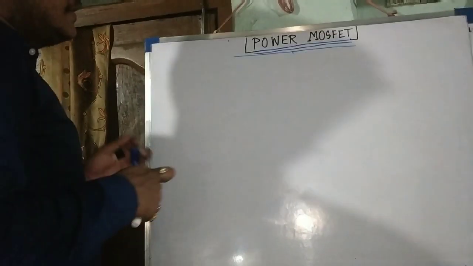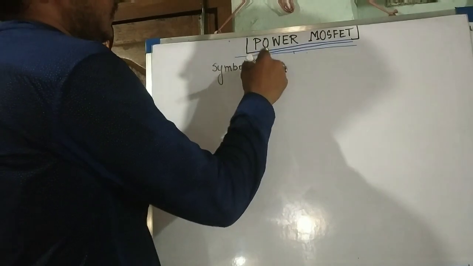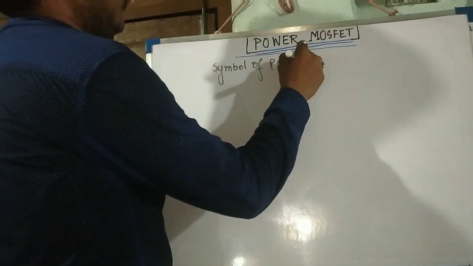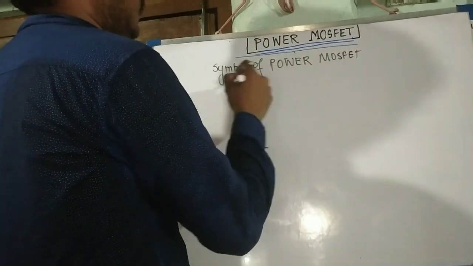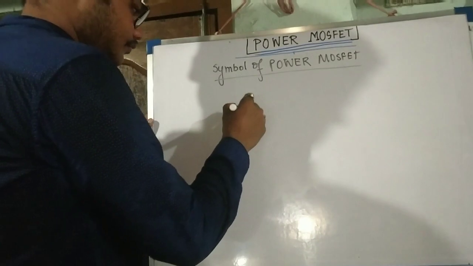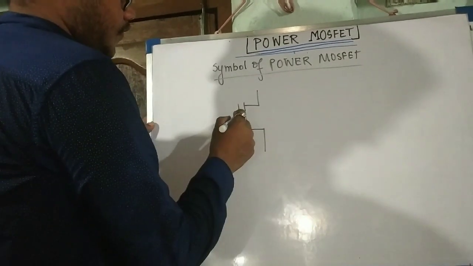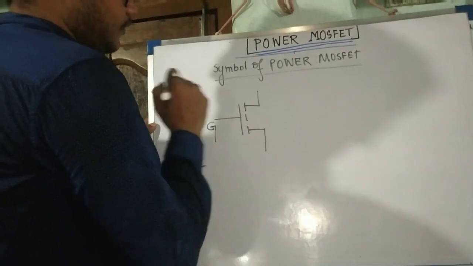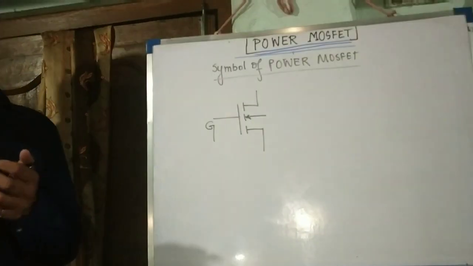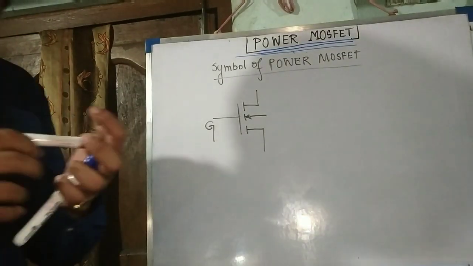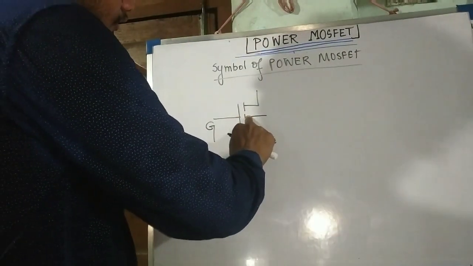See the symbol of the power MOSFET. So the symbol is this. This is your gate terminal, and this arrow represents the electron direction, not the current.